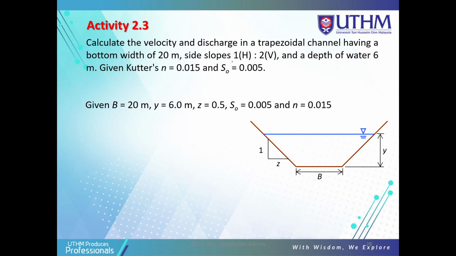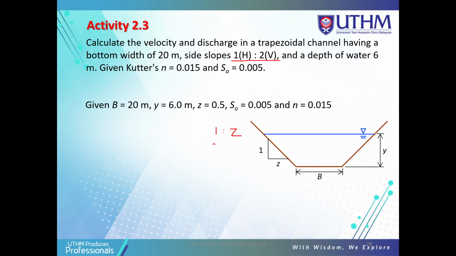Okay, we have 1 horizontal, 2 vertical. So 1 over z, this is the side slope, and we know the side slope is 1 horizontal and 2 vertical.